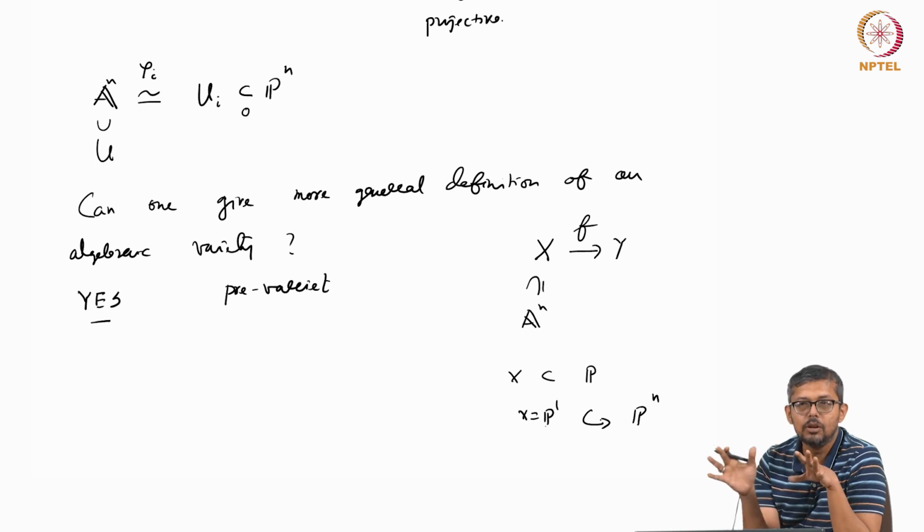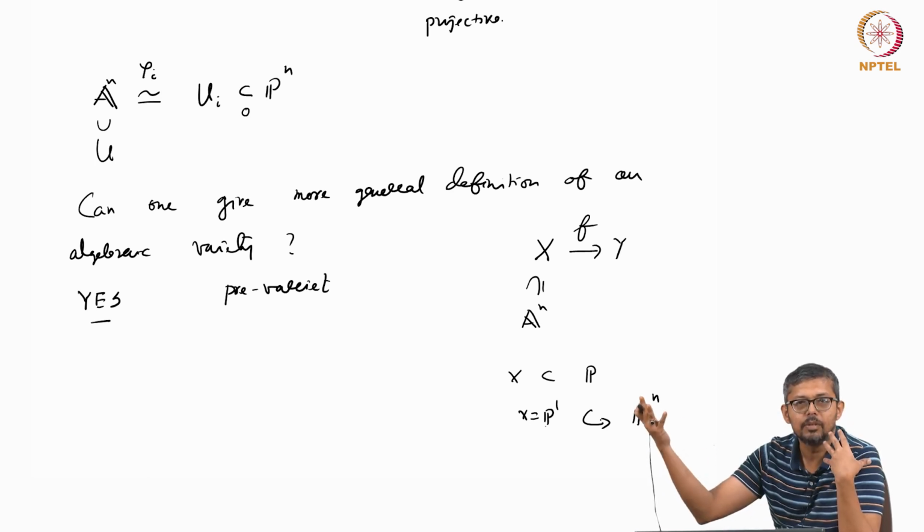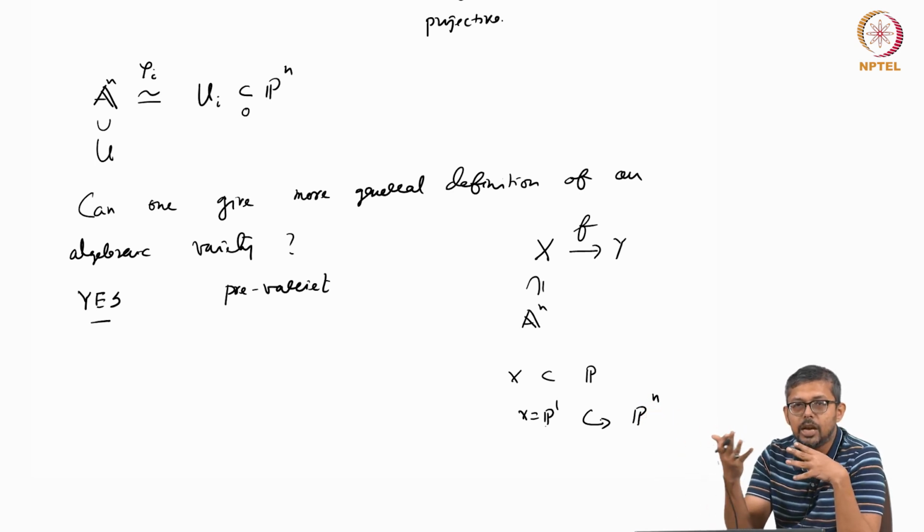So it should be an embedding-free definition, because two different varieties may be isomorphic but embedded into different spaces, and it is difficult to check whether they are isomorphic. When I say abstract variety, it may be isomorphic to some variety which is embedded into some projective space.